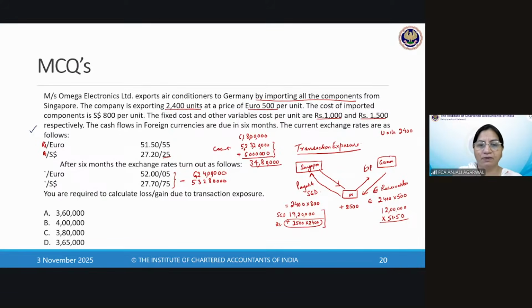And this will remain constant. Minus 62.40. So you end up getting a gain or loss of 3,60,000.